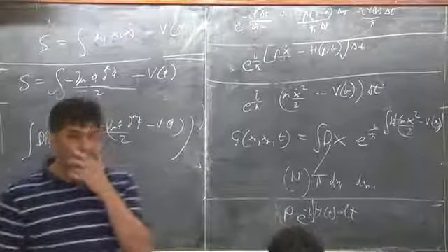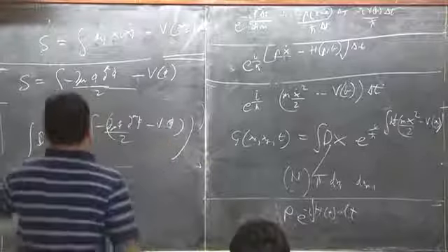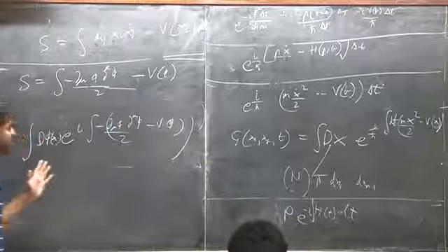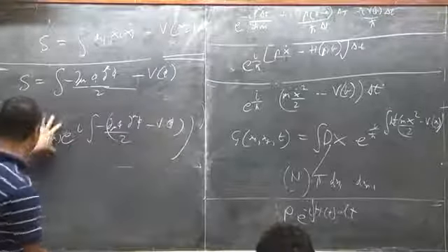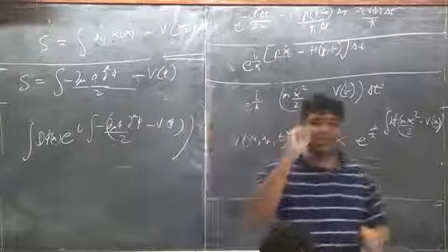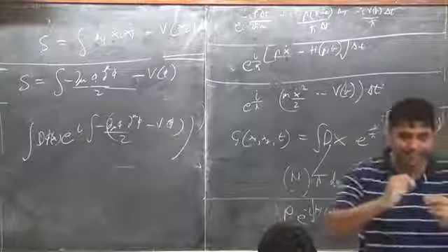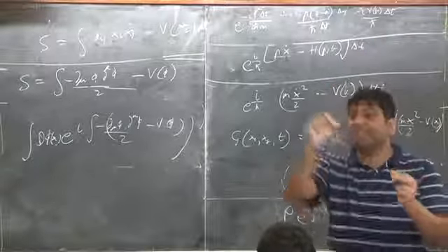So, what do we mean by all these quantities? This quantity is pretty clear. It's the action. What we mean by this quantity here is a path integral over phi at various time positions and at every space position.